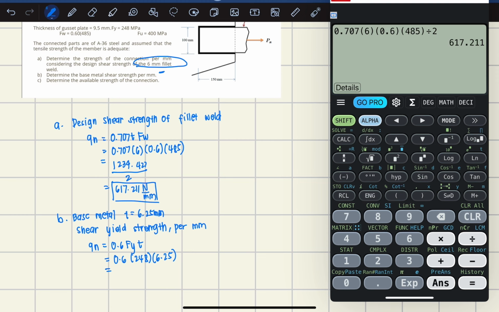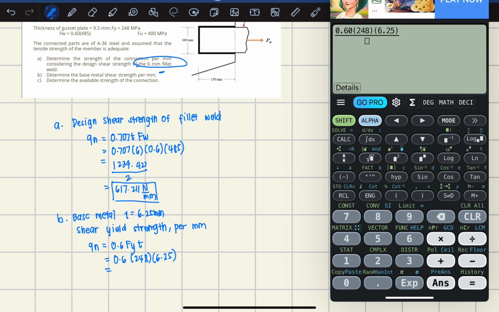Is equal to 0.60 times 248 times 6.25. Since kailangan natin class is based sa ASD na design philosophy, so magdi-divide tayo ng 1.5.